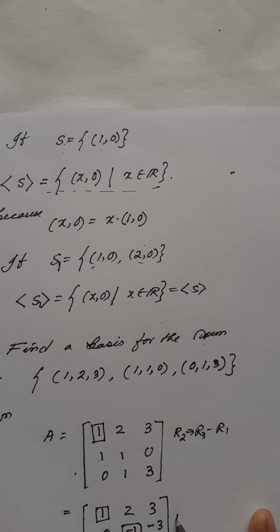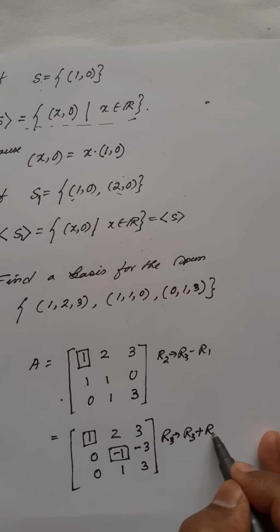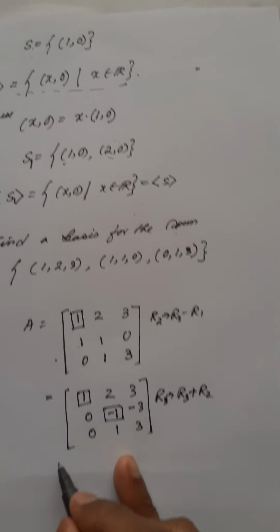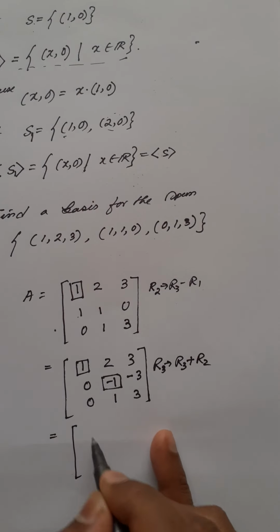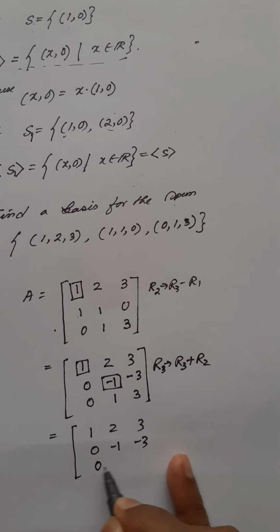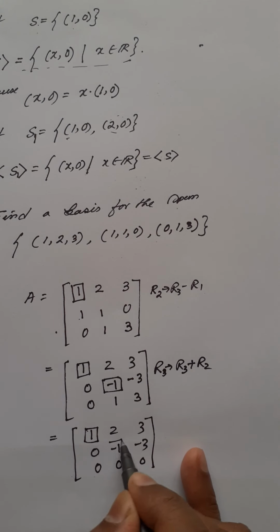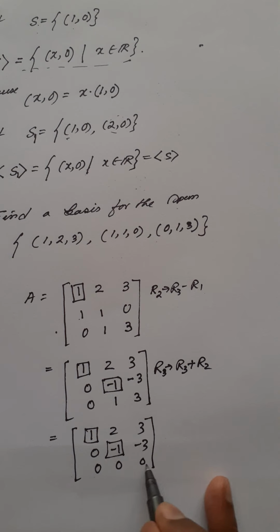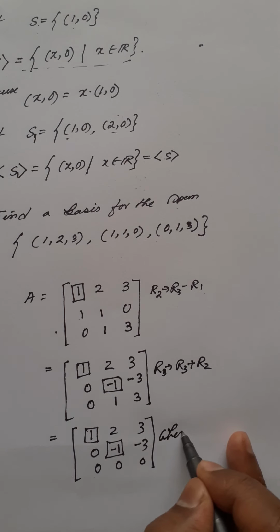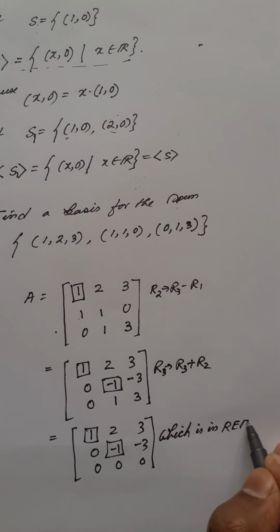So I'll apply the operation R3 goes to R3 plus R2 to make this entry 0. The resultant matrix is 1, 2, 3; 0, minus 1, minus 3; 0, 0, 0. We got a pivot here and a pivot here. The last row will not have any pivot because it is a zero row. So this is in row echelon form.